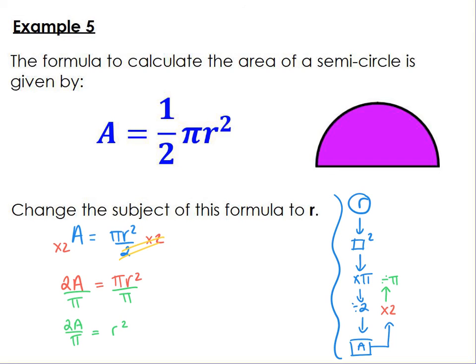Now, I am going to square root both sides. And I'm just going to move up here for a bit more space. That is going to be the square root of 2a over pi equals the radius. And to finish off, as always, putting the subject on the left-hand side, r equals the square root of 2a divided by pi.